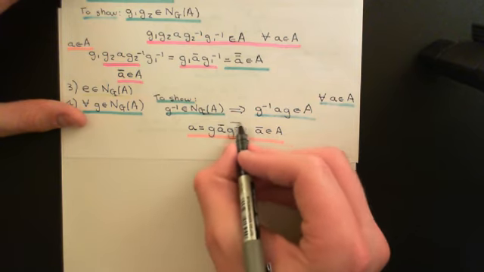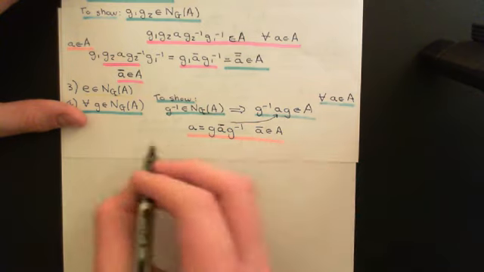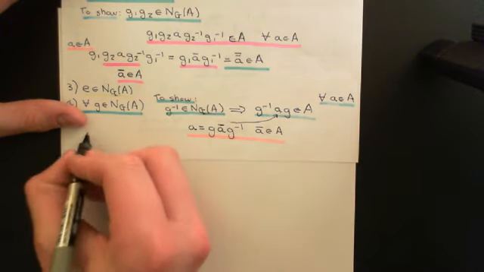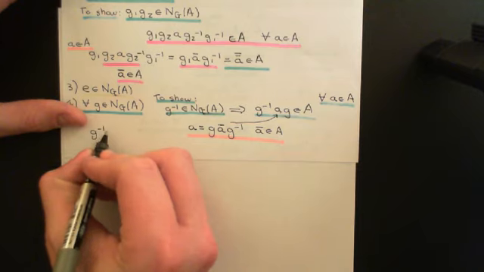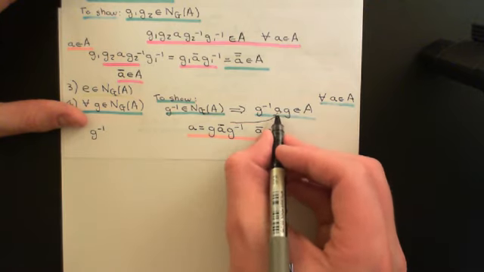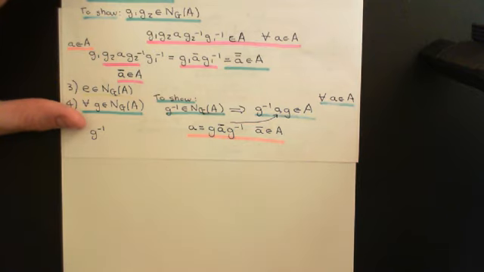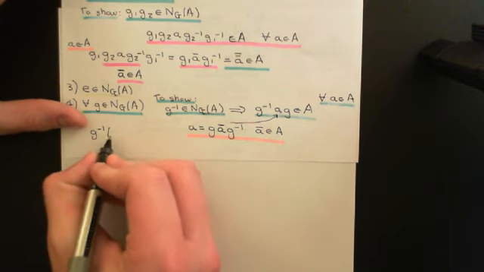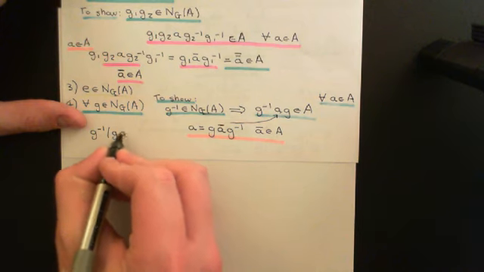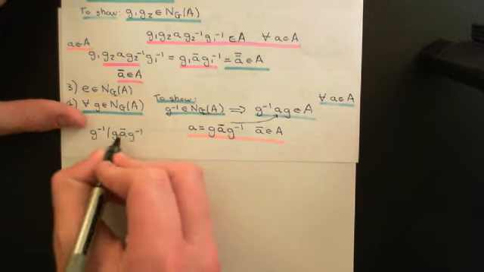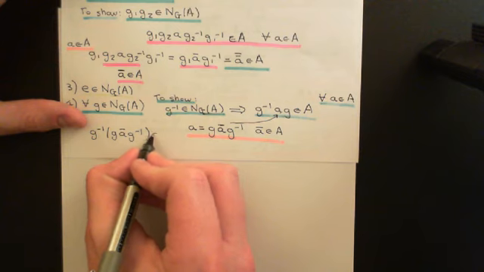So now what I'm going to do is use this, rewrite little a in this form, and insert it in here. If I'm trying to work out what is g inverse composed with little a, composed with little g, the g inverse conjugate of little a, I'm now just going to insert that little a is equal to g a bar g inverse, the g conjugate of some element little a bar.